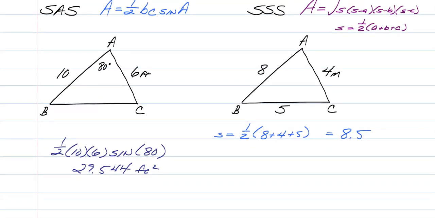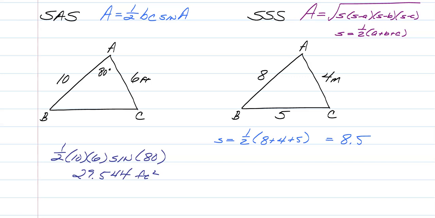So the next step, you just subtract a, b, and c from s, and you're going to use those numbers this way. You have the square root of s, which is 8.5, times 8.5 minus one of your sides, 8. And that's going to give you 0.5. And then you do 8.5 minus 4, which is going to give you 4.5.